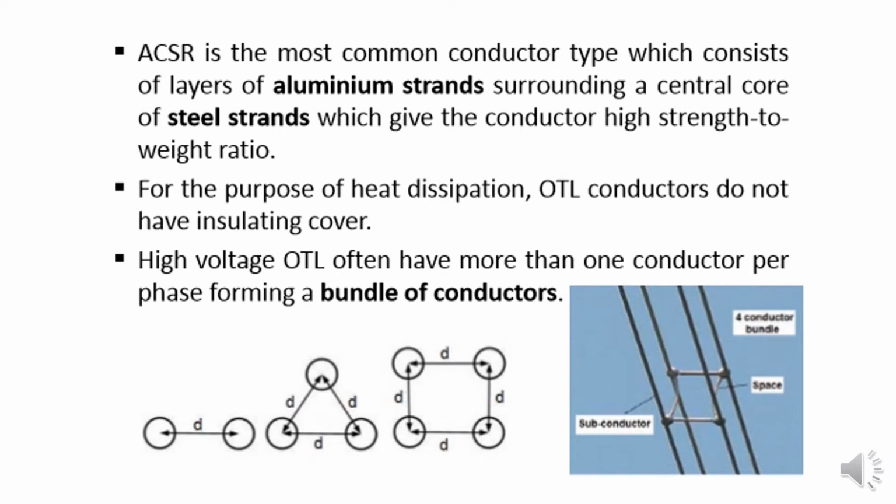As I have told you previously, ACSR is the most common conductor type, which consists of layers of aluminum strands surrounding a central core of steel strands. Which gives the conductor a high strength to weight ratio. High strength to weight ratio means strength is how much tension it can handle, and weight means the total weight of the transmission line.